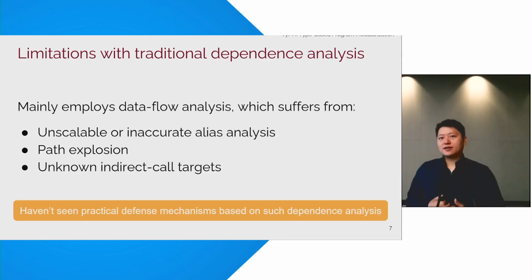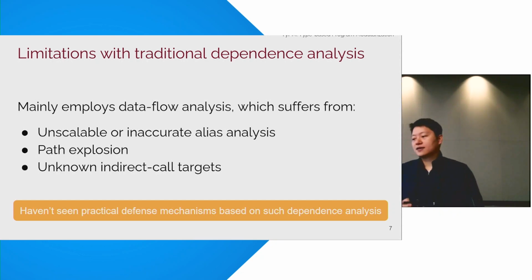The major reason is that they typically employ traditional data flow analysis, which suffers from some well-known issues, such as massive false aliases, the path explosion problem, and unknown indirect-call targets. So we haven't seen practical defense mechanisms built on top of this kind of dependence analysis.